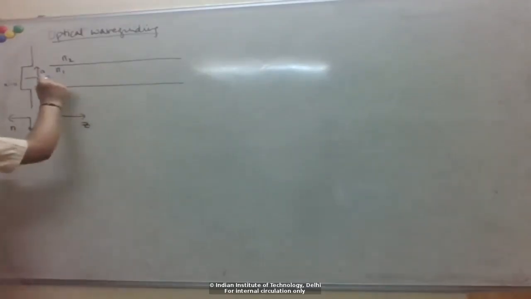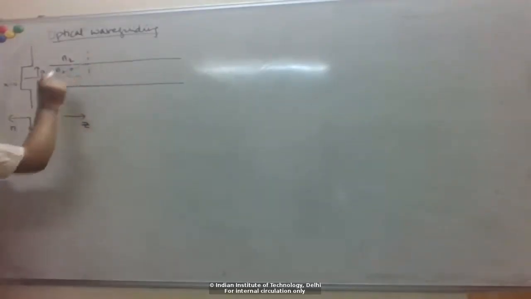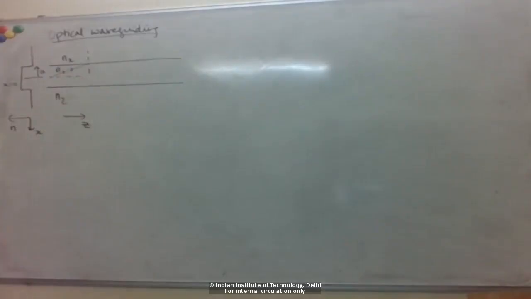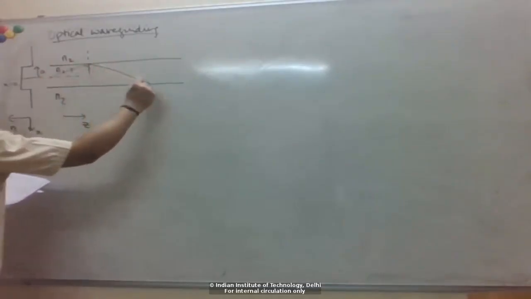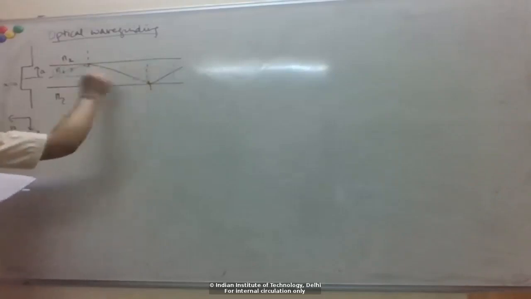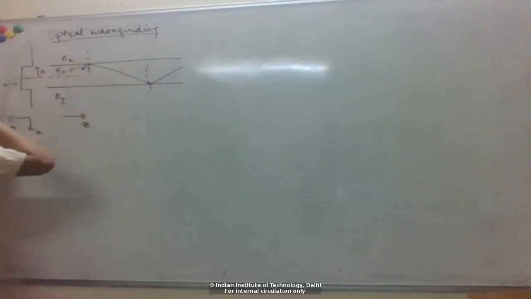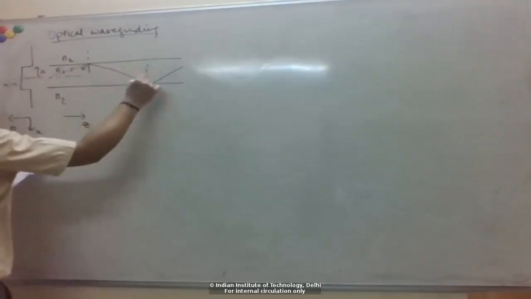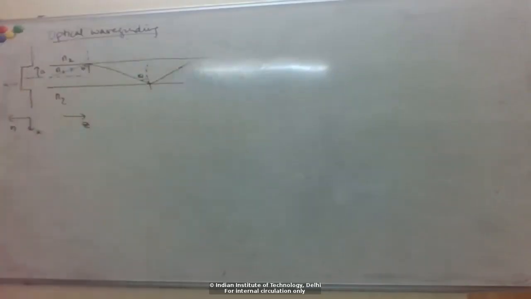Now if I launch some ray at some angle to the axis, if it hits the interface making an angle greater than the critical angle, then it gets reflected, right? And then it will make the same angle here because these two interfaces are parallel. So this theta will be the same and it will just go on.